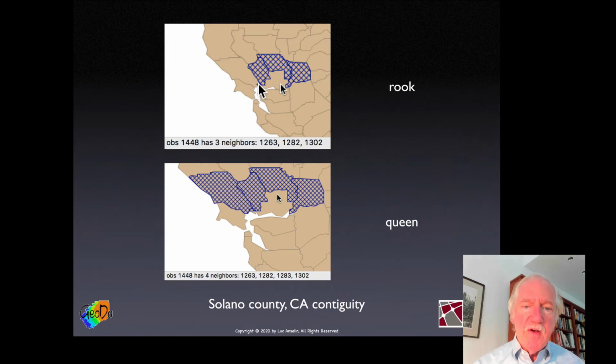For example, here, we have this little corner, which makes this additional county a neighbor when we use the queen definition. But when you think about it, this map, this base layer from a GIS, is a simplification of reality.